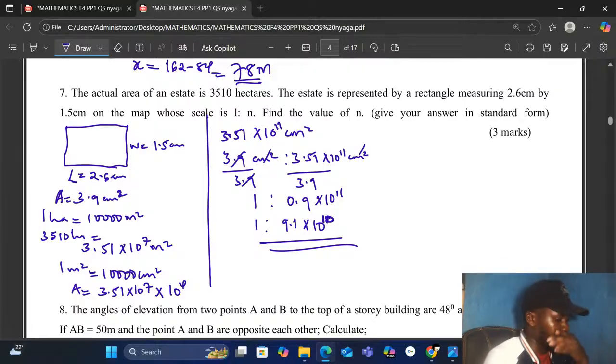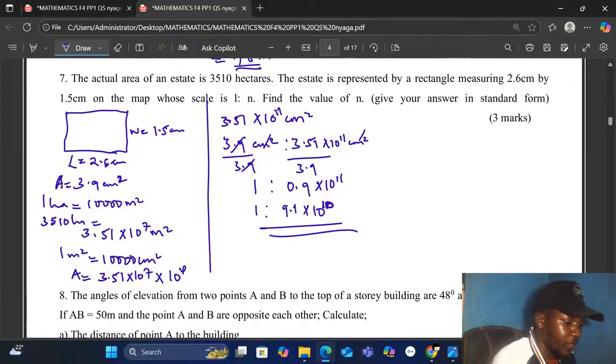That way, that one becomes our answer. Then we move to the eighth question.